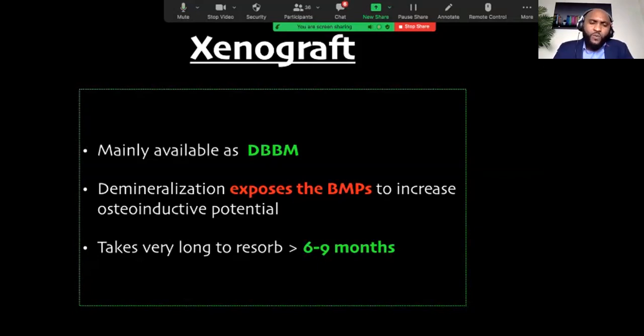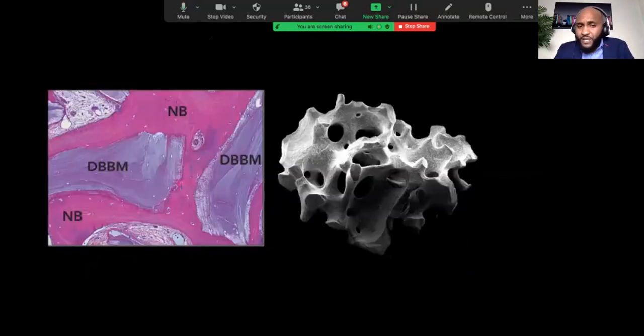Now, one important feature of xenografts is that they take a very long time to resolve. In fact, they don't exactly resolve. Many years later, you'll still find traces of it, like you can see in that histology slide, that you have new bone, but there are still particles of the xenograft.